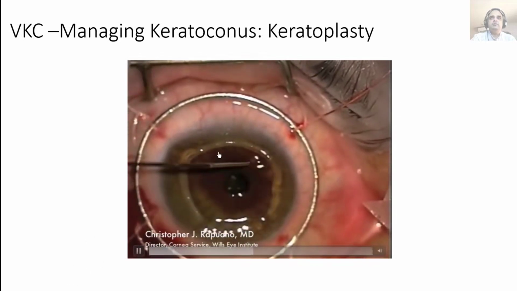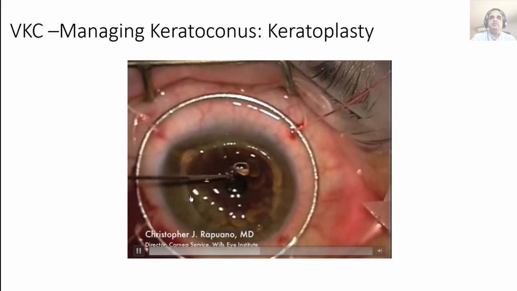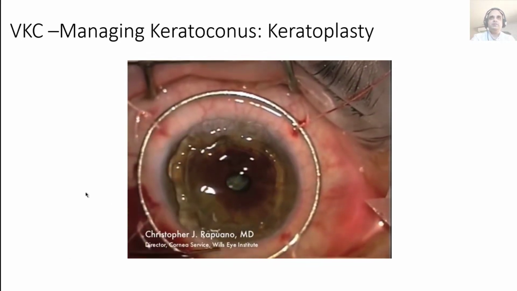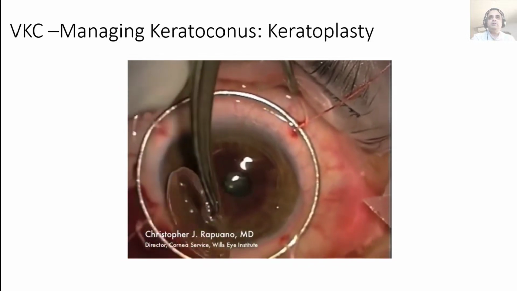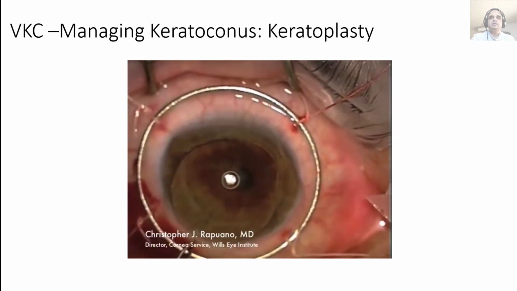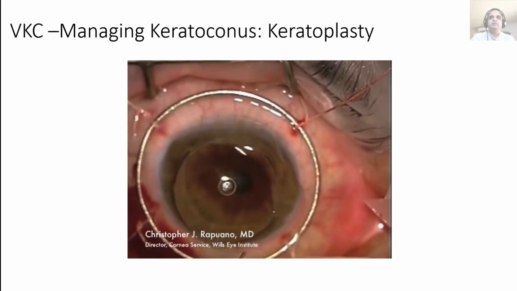Now our eye is open. This is the anterior chamber. Gel, the same protective gel that we used before, is being put. And now we are going to put our donor cornea, which is nice and clear, and we're just going to put some stitches.